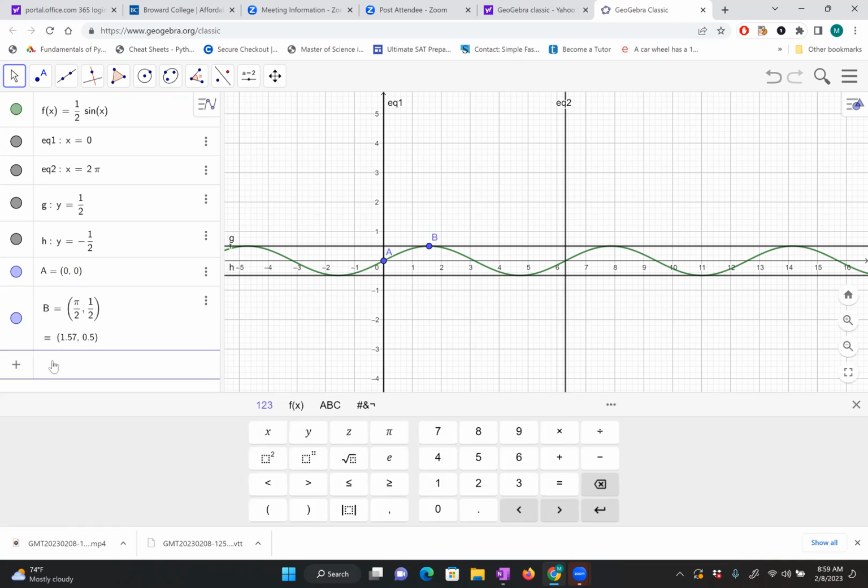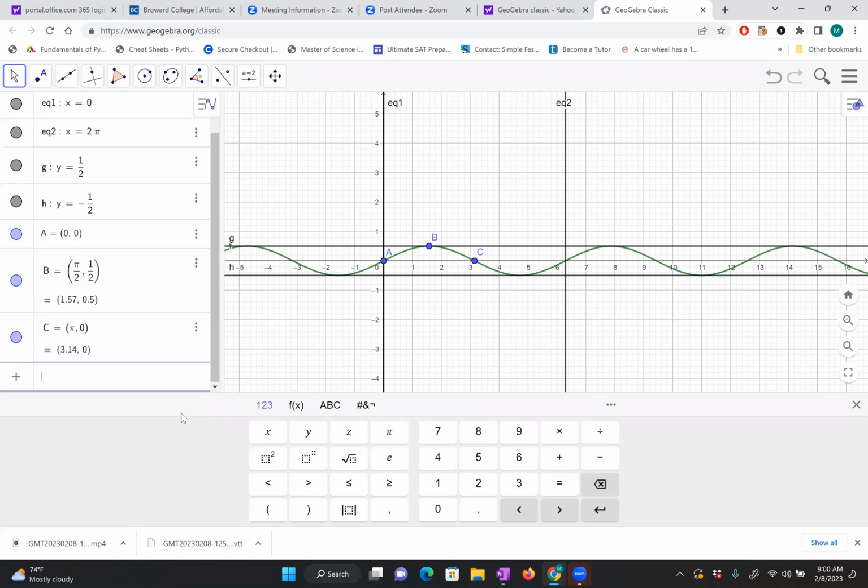The next point we calculated already was the point where we're intersecting the axis, which is just pi, comma, and of course, 0. Okay, so that's our point C. The next point was our 270, right?